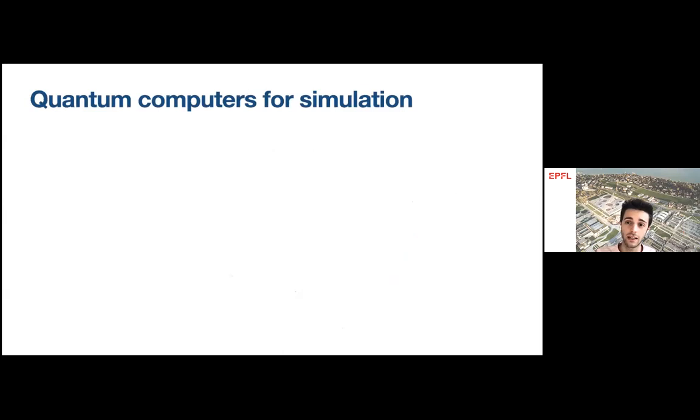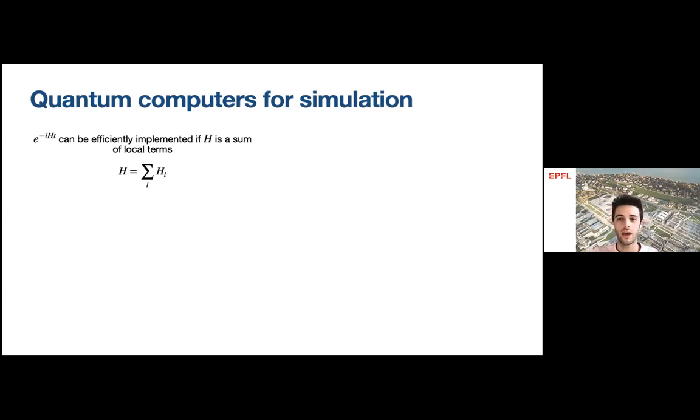But it has been demonstrated that the time evolution operator can be efficiently implemented on a quantum computer if H, that is the Hamiltonian, is a sum of local terms. So a sum of terms that act only locally on a subspace of the Hilbert space, which is what happens quite always in physical Hamiltonians.